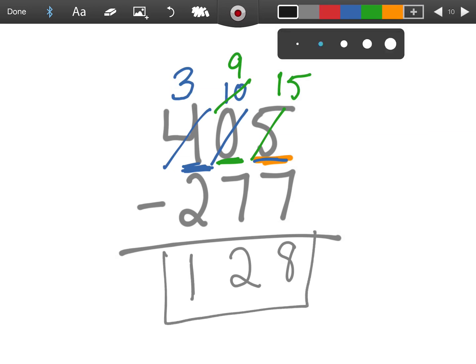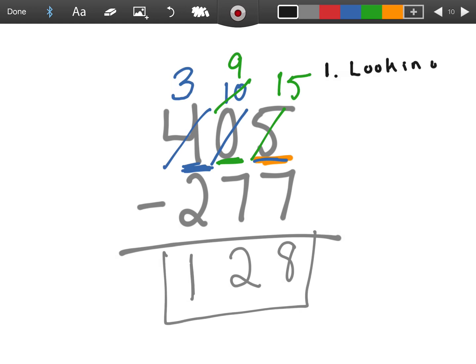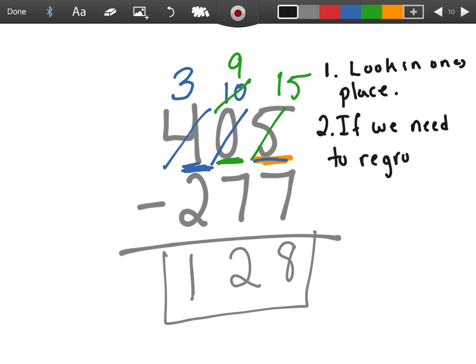So our first step is to look in the ones place. If we need to regroup, call the tens.